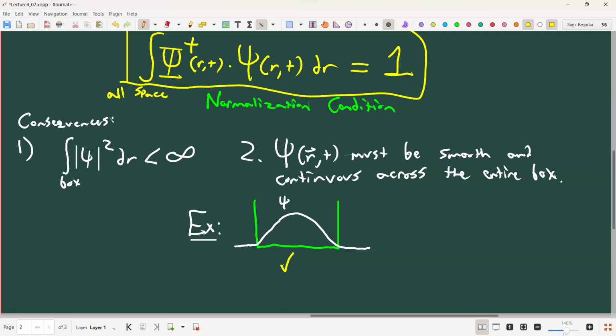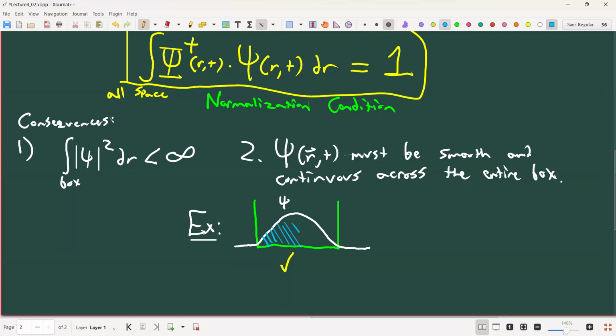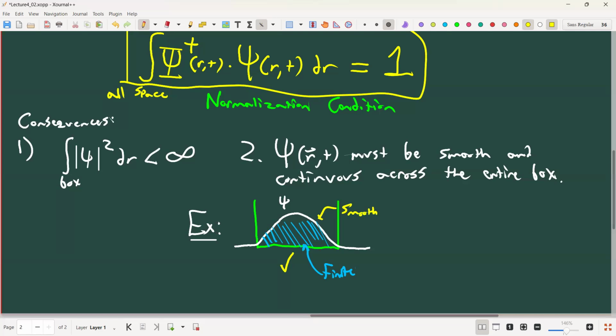This is a finite area. So this may be a good wave function. This is finite, and this is smooth. So that might be a good wave function for us. It may look like that. You have a sense of what the probability distribution or what the system should look like.